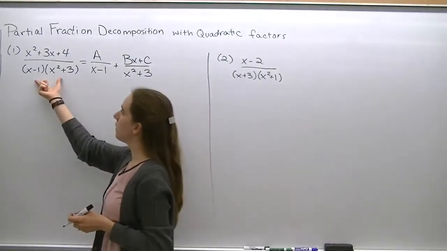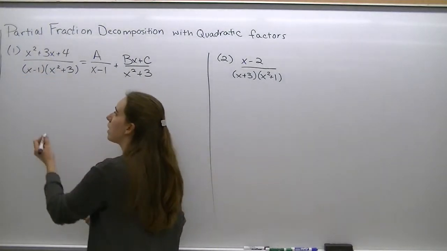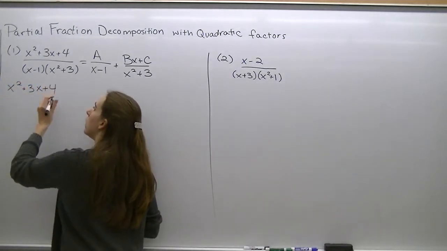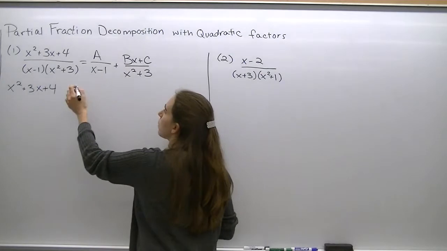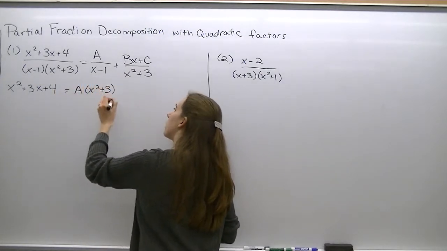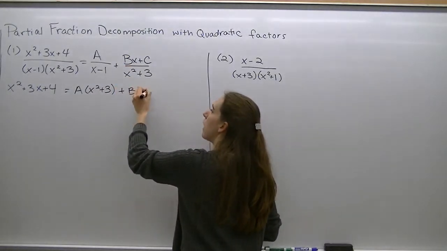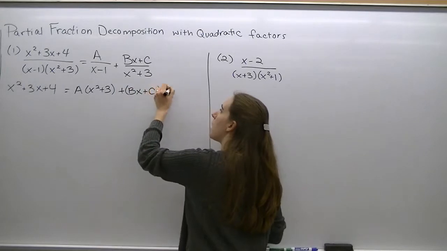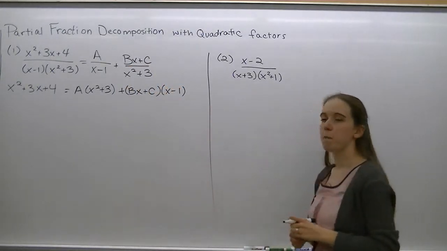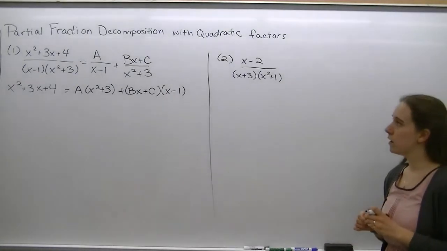So we can actually multiply each piece times this denominator so that we get our polynomial. So here the x minus 1's will cancel. We're left with the quadratic piece. Here the quadratic piece will cancel. So we're left with the x minus 1 and we're multiplying that by the whole term bx plus c. So there is our polynomial.